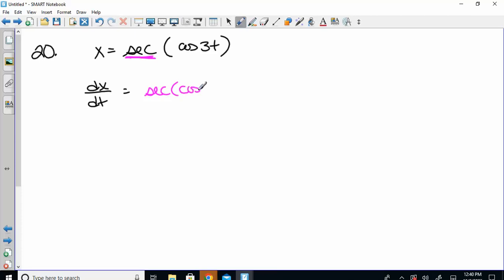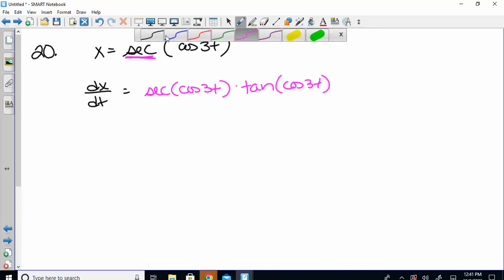But when you do the derivative of the outside, the inside stays the same. So it's secant of cosine 3t times tangent of cosine 3t. We have to work our way in. So that's derivative of the outside, inside stays the same. Chain rule says times derivative of the inside. What is the derivative of cosine?